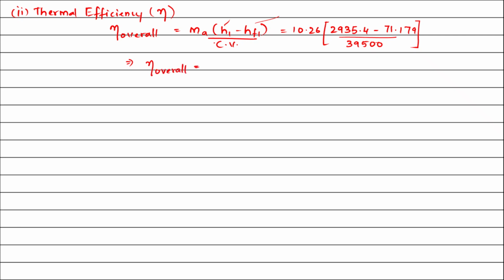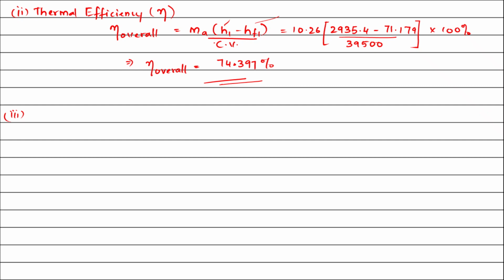When I calculate it, I get 74.397 percent, because at the end I also have to multiply by 100 to convert it into percentage. So my overall efficiency of the plant is 74.397 percent.